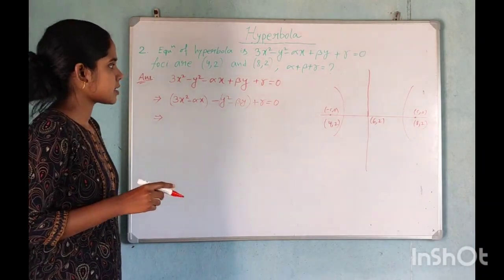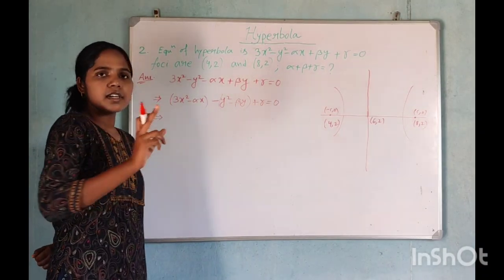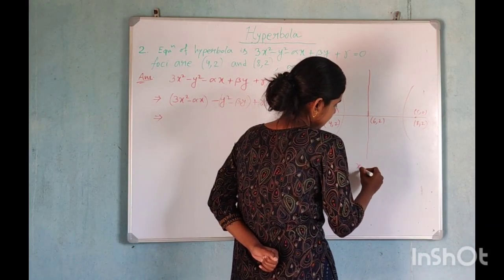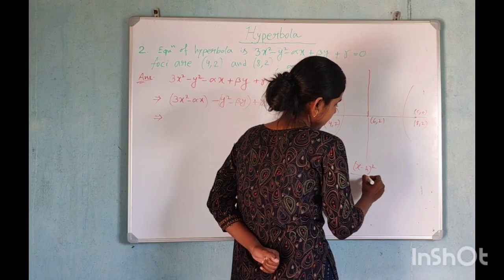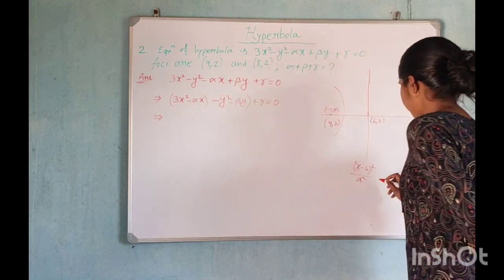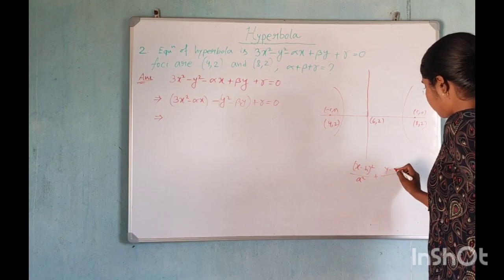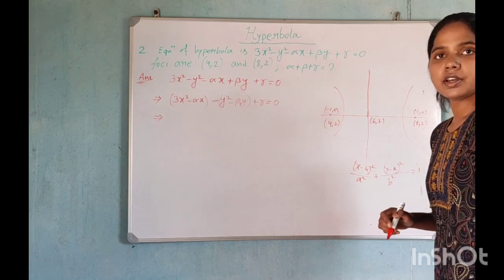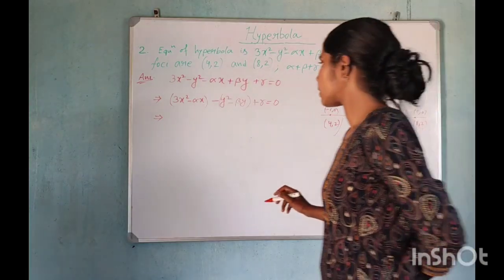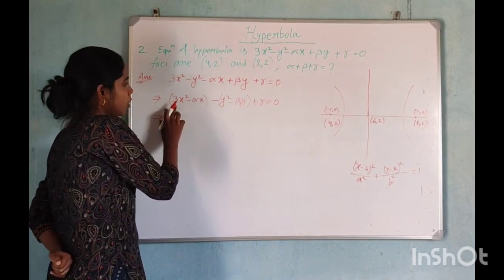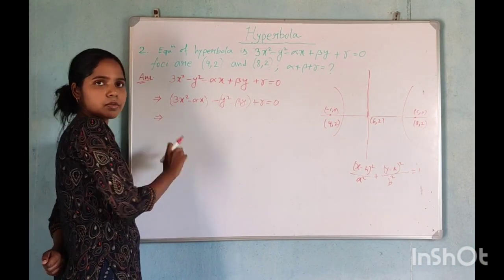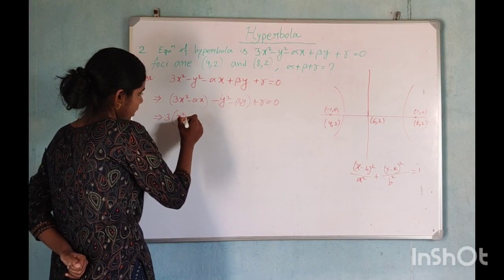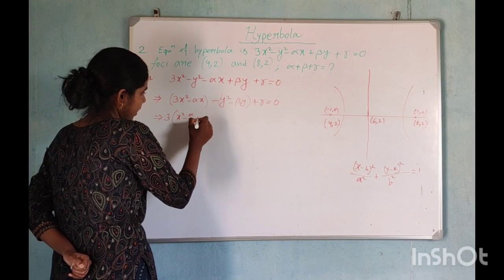Now, because the center is different, our standard equation will be like this: (x minus h) whole square by a square plus (y minus k) whole square by b square equals 1. We have to make it in this form. So first take 3 common here, because the coefficient should be 1. So 3 into x square minus alpha by 3 x.